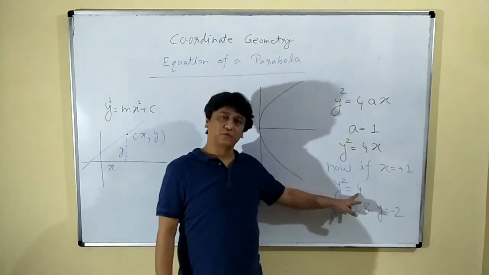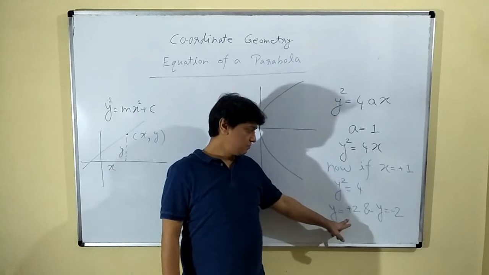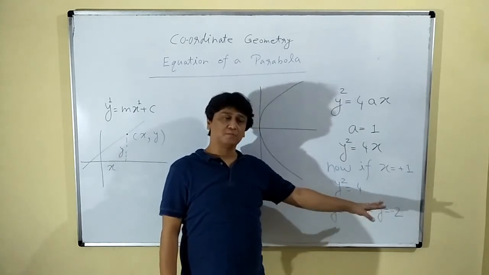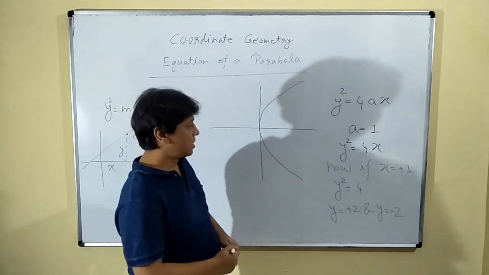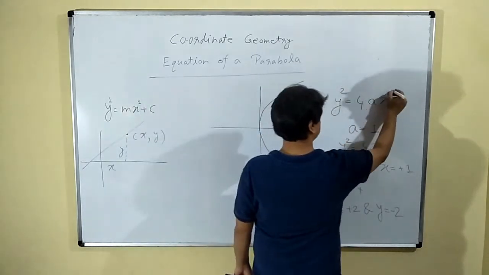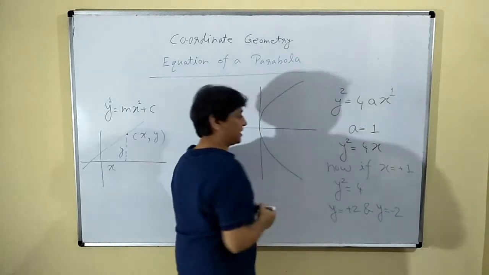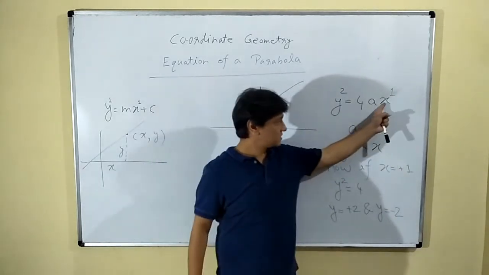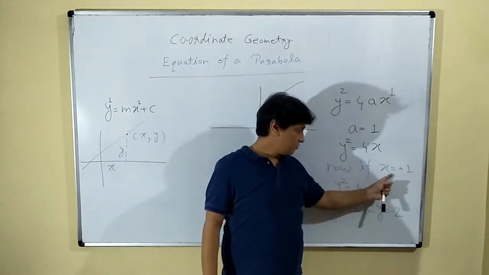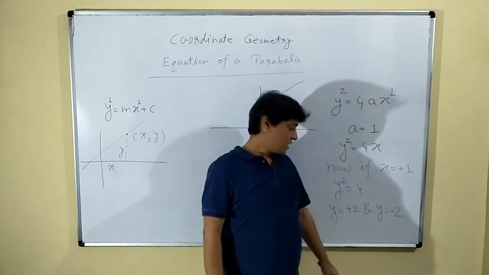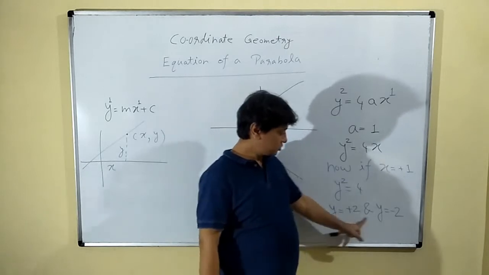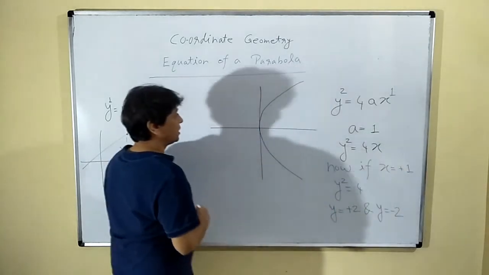If y square is 4, you know that y is plus 2 and y is what? Minus 2. So that's what the meaning is of this term. And I say for a given value of x, x is 1. You're getting two values of y, plus 2 and minus 2.